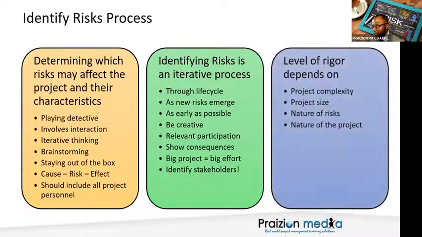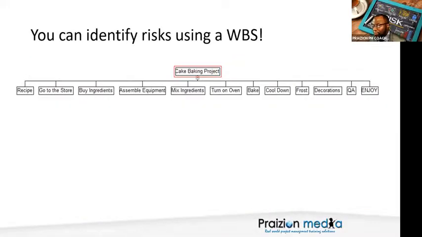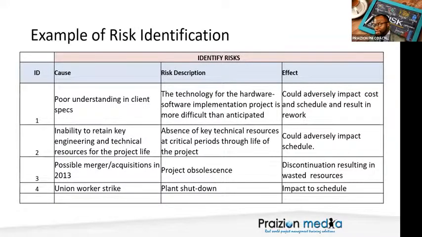You're always being creative. The level of rigor regarding this depends on the project size and complexity and many other factors. Bear in mind, you can identify risks using a WBS. You can identify risks using a variety of methods we're going to take a look at. So go to page 409 and we'll soon hit the table that you're seeing there.